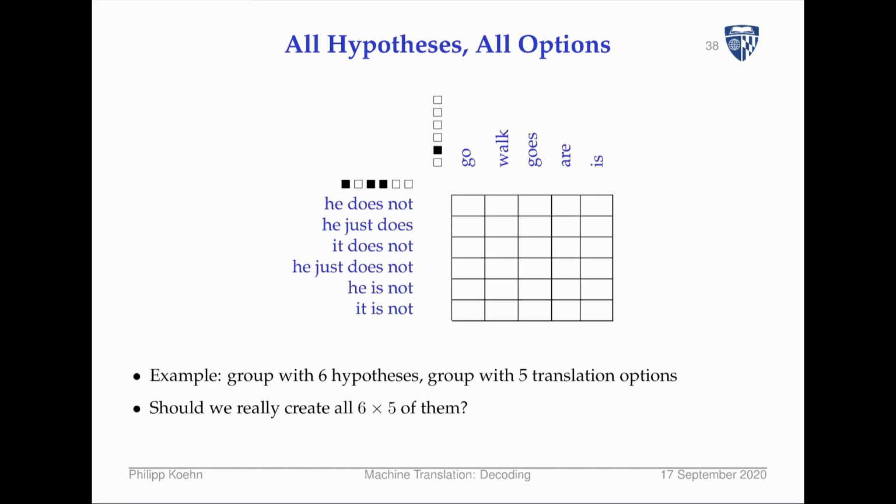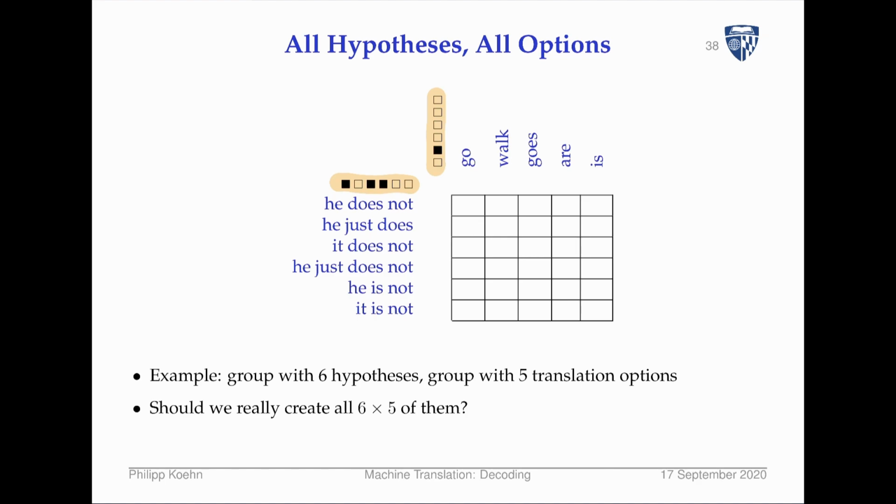So then for each of these setups, where I have a particular coverage for words translated so far and a particular span that I might pull translation options from next, this becomes a square, or a rectangle actually, to be precise.